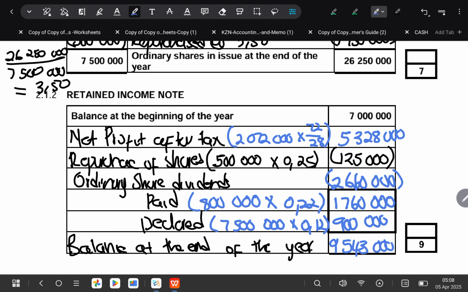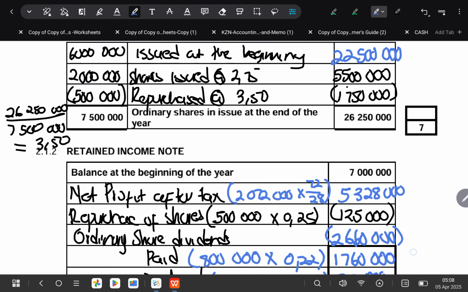Okay, so we have completed our retained income and ordinary share capital.